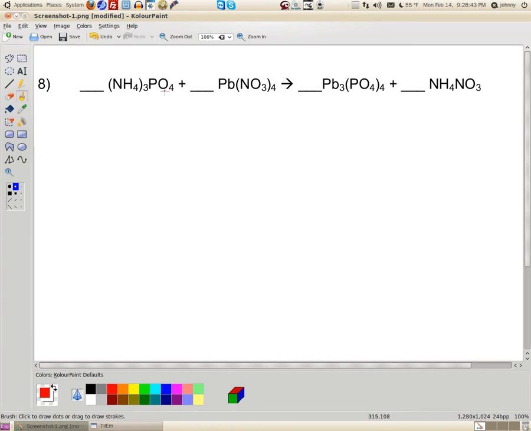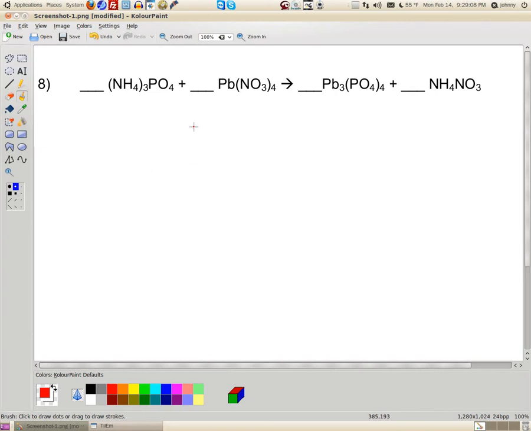And the PO4, I see one of those here, and I look over here and I see one of them over there as well. I know there's a 4 there, but just make sure that the polyatomic ions are there. And notice here I see Pb, and over here I see Pb. Yeah, there's a 3 there, but that's okay. And here I see a group of NO3s, and over here I see NO3. So I could actually treat the polyatomic ion as a single entity, as a group.